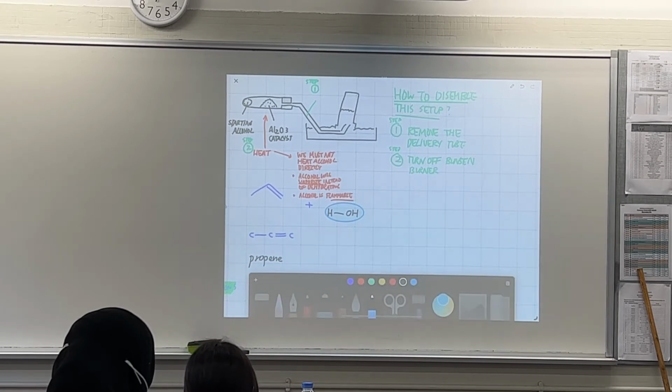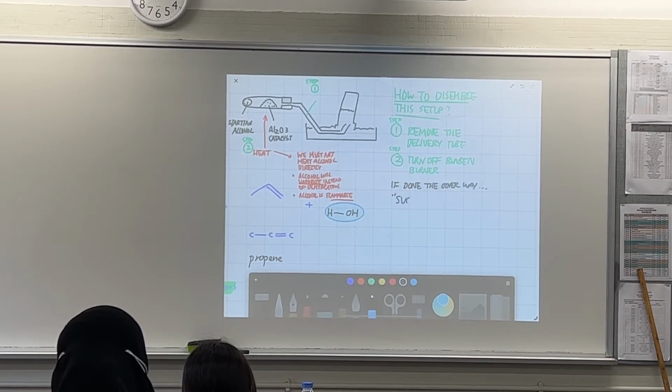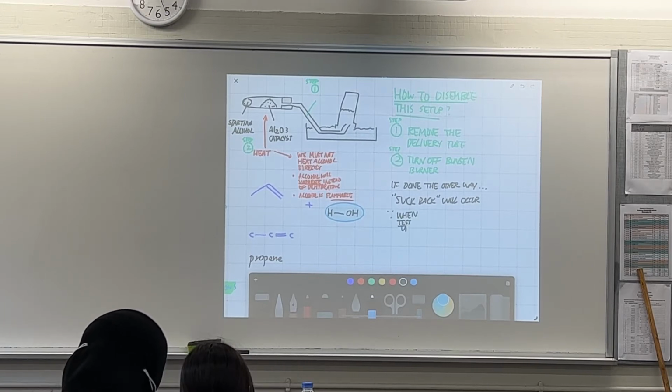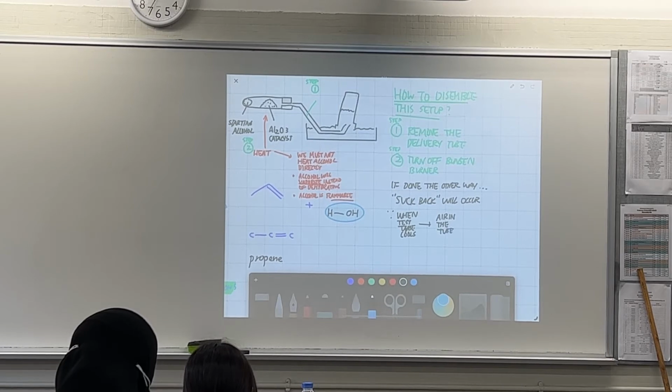Otherwise, if you do step two first, a phenomenon called suck back of water will occur. Because when the test tube cools, if you do it the wrong way, the air inside the tube contracts, because heat expand, cold contract.